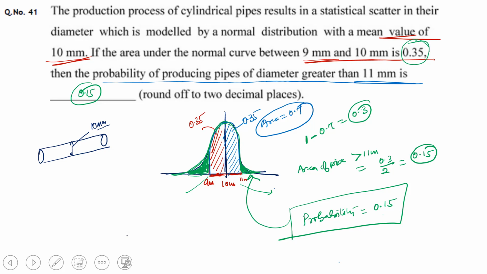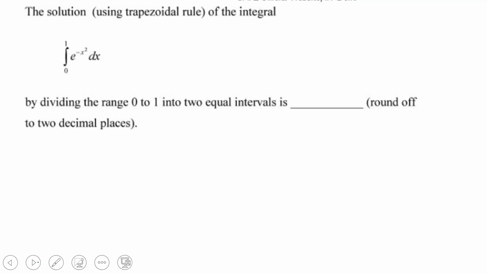Okay, next: find the solution using the trapezoidal rule of the following, by dividing the range 0 to 1 into two equal intervals. So see here, this is your question: integral from 0 to 1 of e to the power minus x square dx, and we have to divide it into two equal intervals.